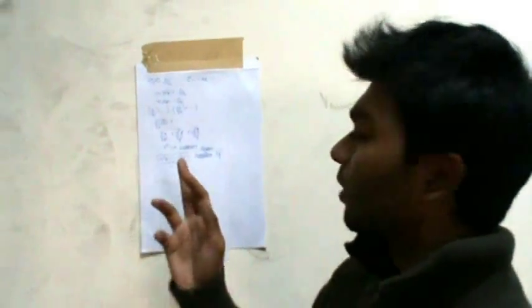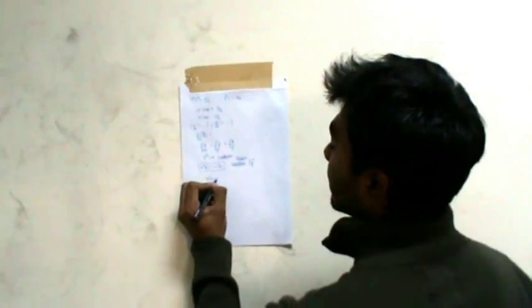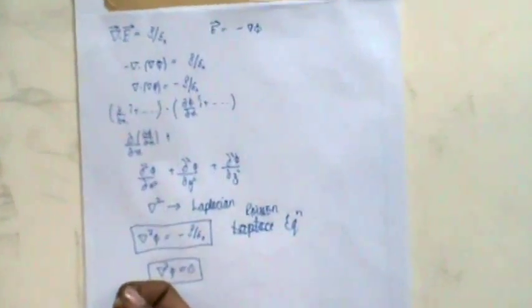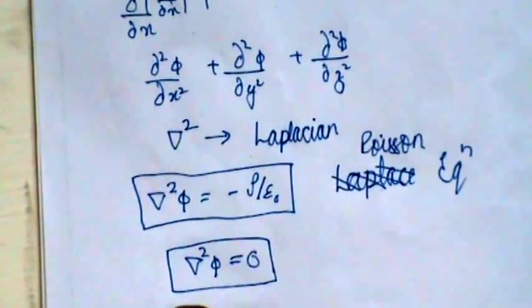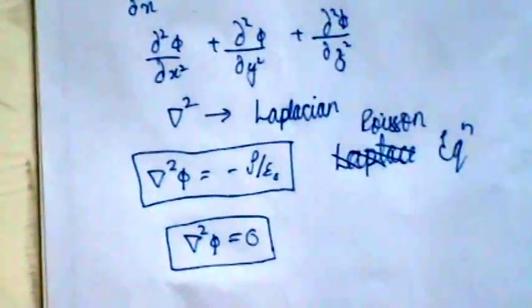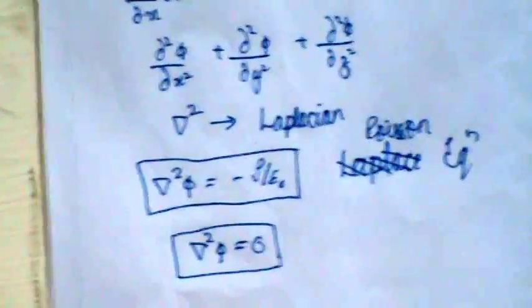So this rho is actually 0 in that case. So the more interesting equation to solve generally is this. Poisson's equation reduces to this, and this is your Laplace equation. Also, it is easier to solve because it's a homogeneous equation.